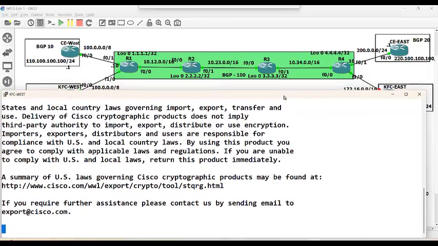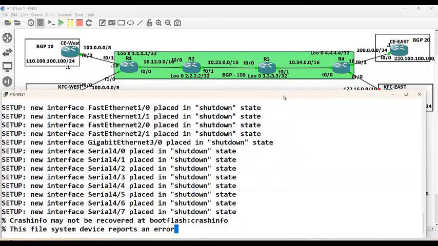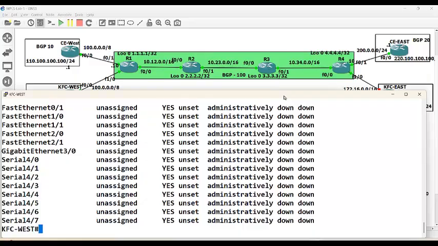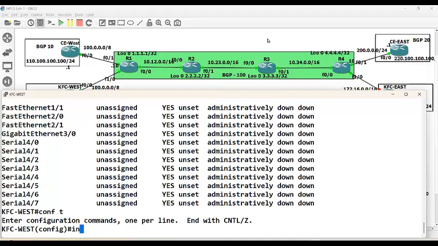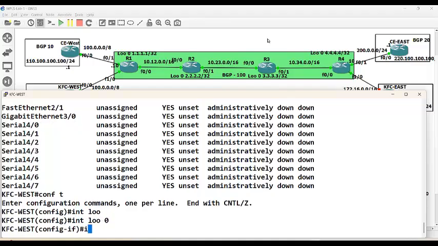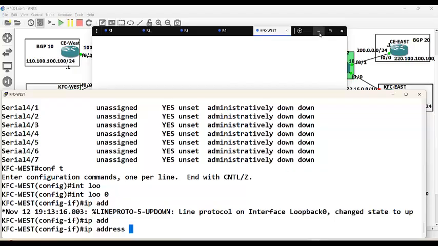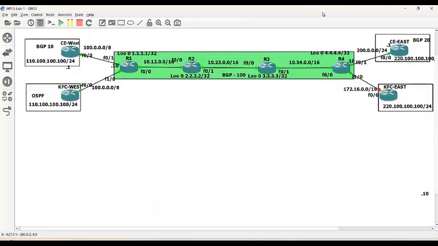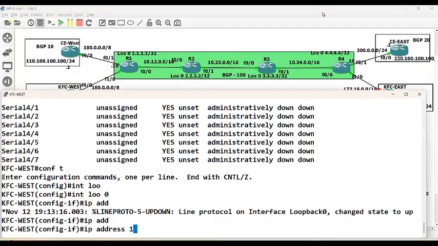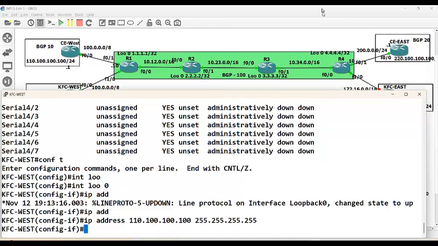This KFC router has not been configured, so I'm going to configure it first. Interface loopback 0, IP address 110.100.100, I'm putting a 32 mask.